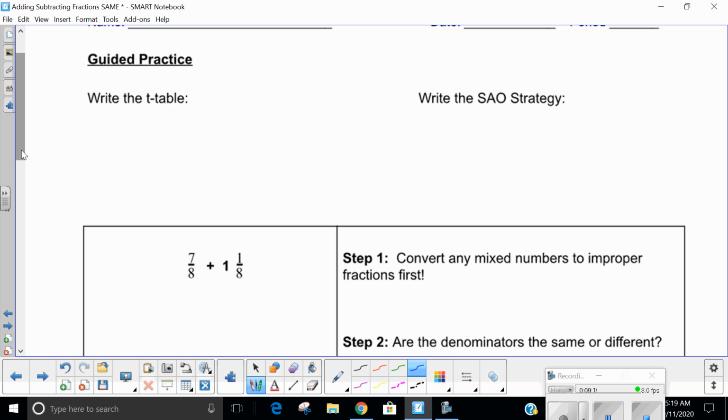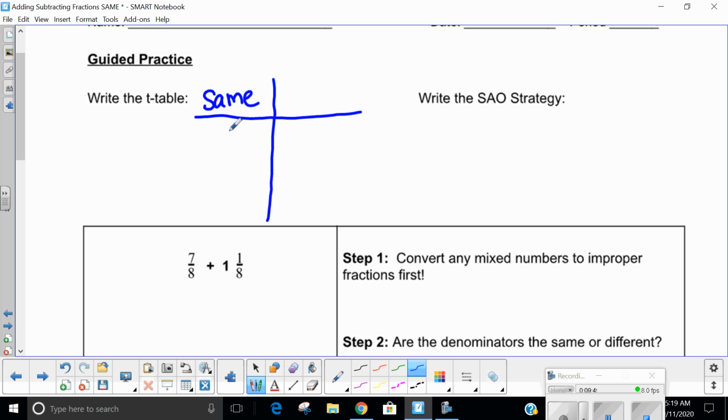The first thing we want to start with is writing our T-table. Now remember, our T-table means addition. We're always going to start with our T-chart, and we have that big plus sign in the middle of the T-chart, so that means add. So if we fill out our chart, whenever we have positive and negative numbers, it doesn't matter what kind of number, as long as it's a positive and a negative number, if we're adding, we use these rules.